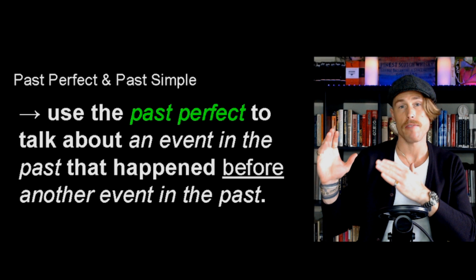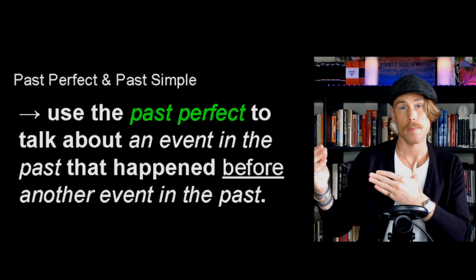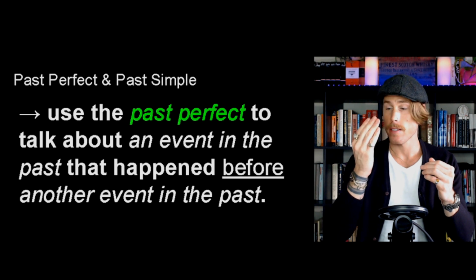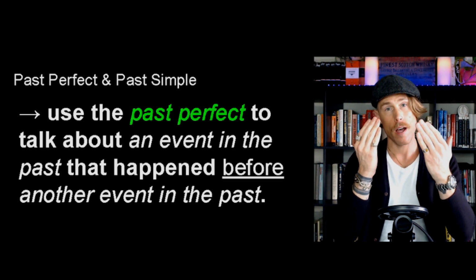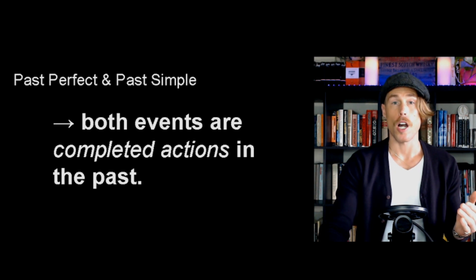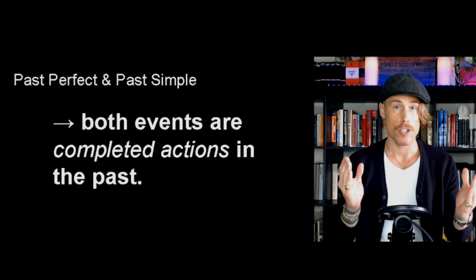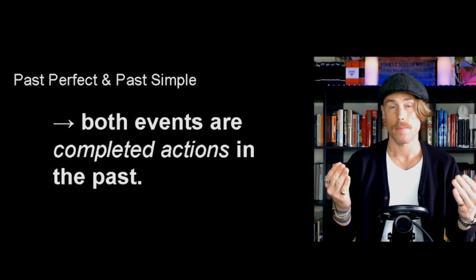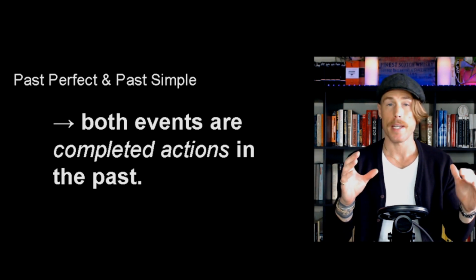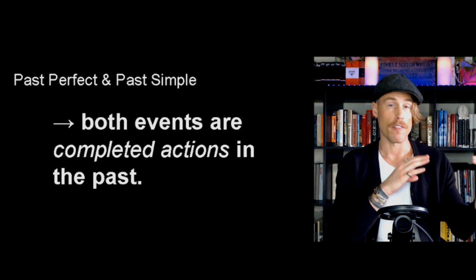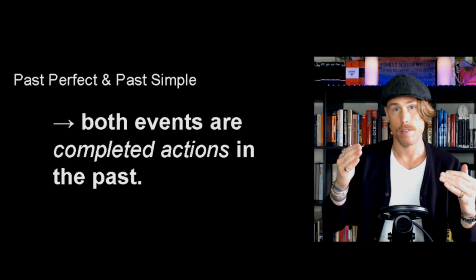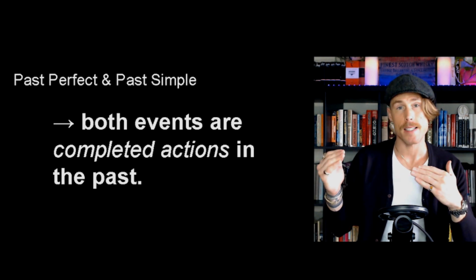Both events are in the past, but one event happened before another event. Both events are completed actions in the past. They are not happening now or in the future, and they are finished events in the past.